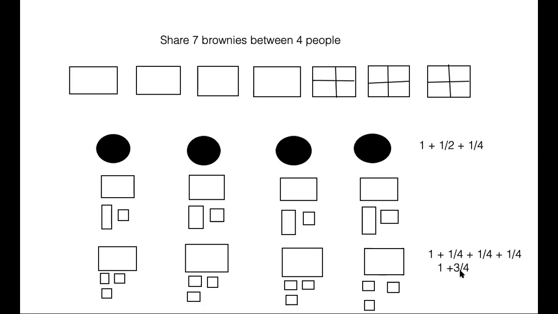So I want to tell you something else that's really cool. When you see a whole number like this, plus a fraction, there's actually another way that we write this. So we actually write it so that there is not a plus sign in it. So the way that we actually write it, when we see a whole number plus a fraction, we write it like this, 1 3/4.